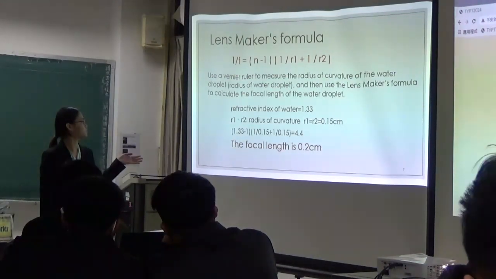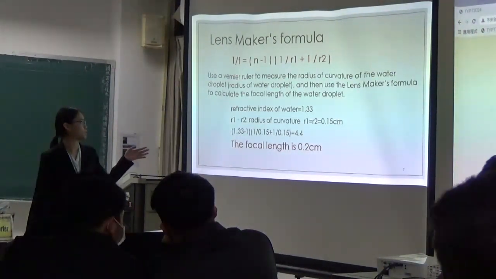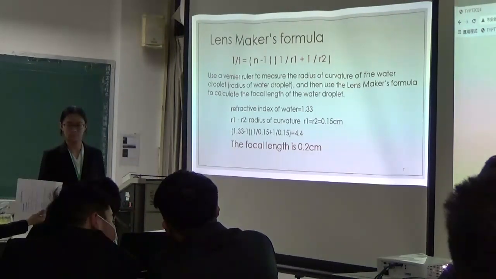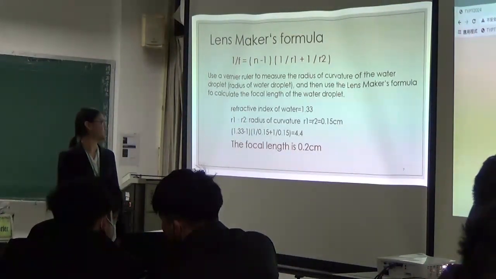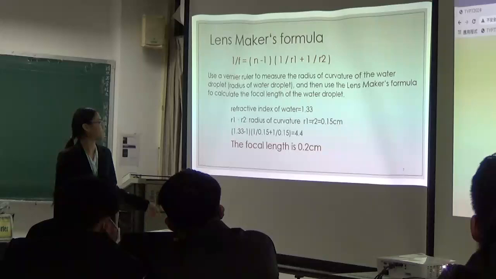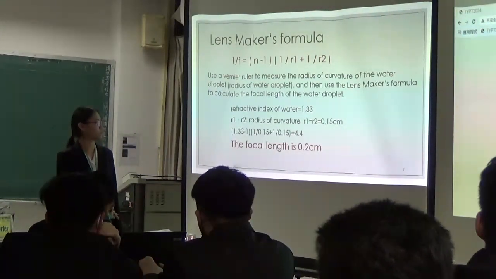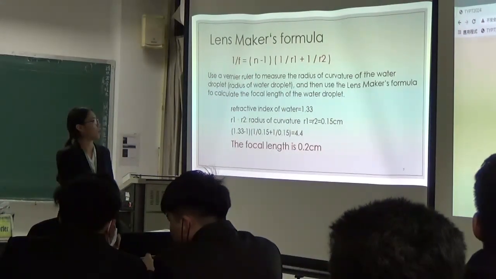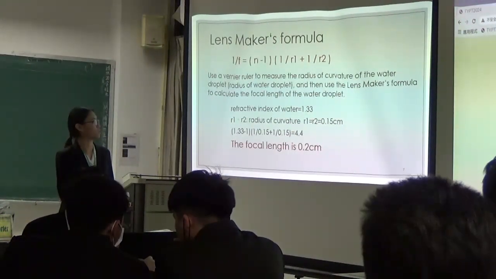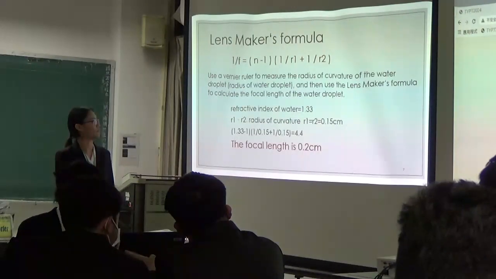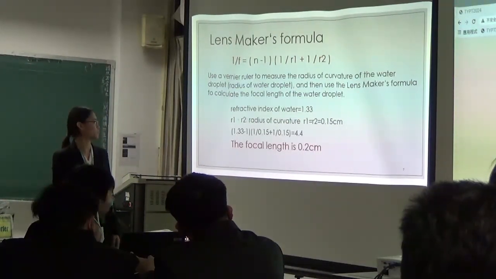The refractive index of the water is 1.33, and the radius of curvature is R1 and R2. R1 equals R2 equals 0.15 centimeter.